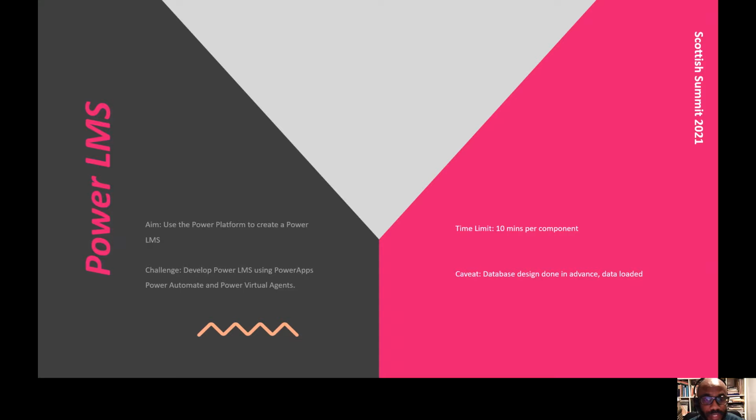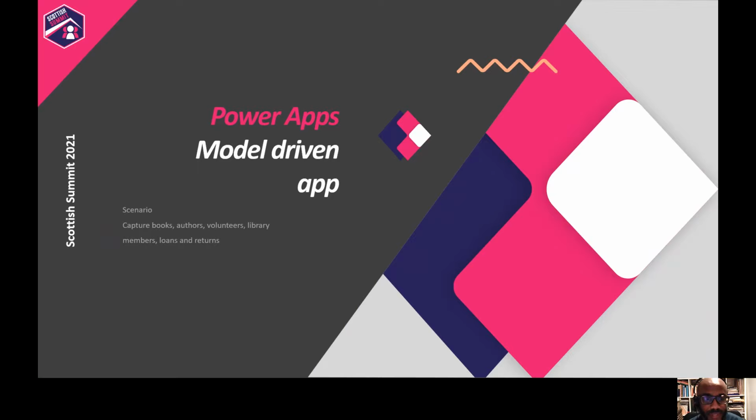And of course, I have a few code tricks and comments for me to use. So let's get started. The first part of this session will be to create a model-driven app. This will be used to capture books, information, authors, volunteers, etc.